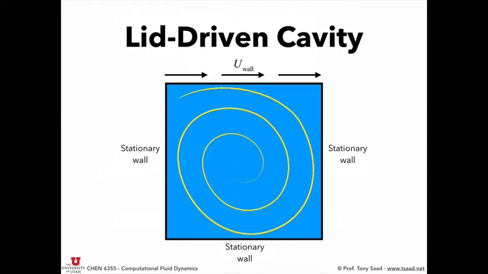Okay? So the simplest setup, and you'll get to play when we have the code written, is to have stationary walls, left, right, bottom, and a wall, or really a moving fluid at the top. By virtue of viscosity, or really vorticity, that flow is going to push fluid particles around and cause them to circulate.